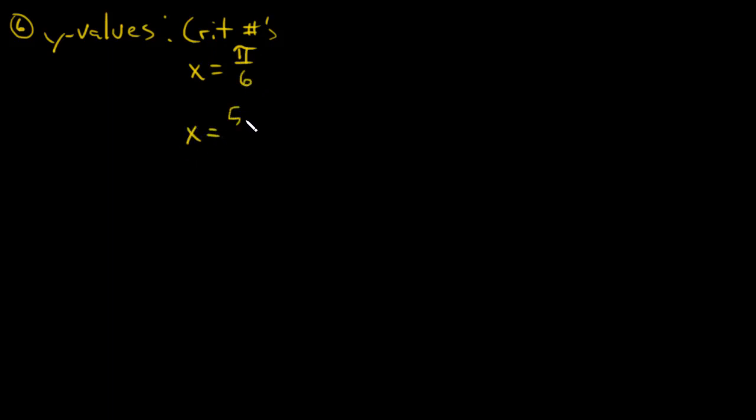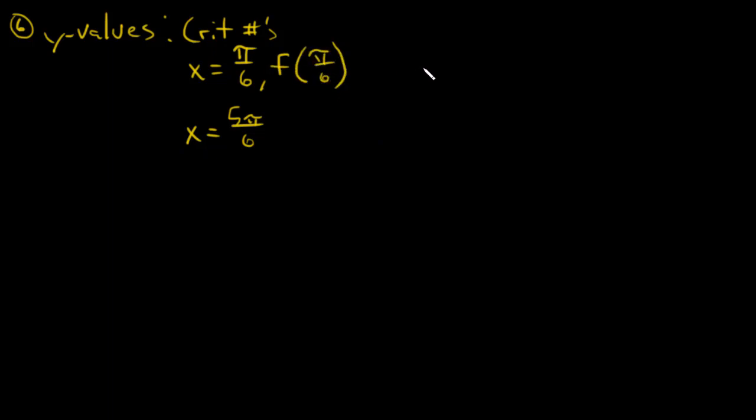So clear this and do some y values. So here we go. Y values, step 6. So I've got my critical numbers first. Okay, so that was x equals pi over 6 and x equals 5 pi over 6. I think that was right. Okay, so f of pi over 6.